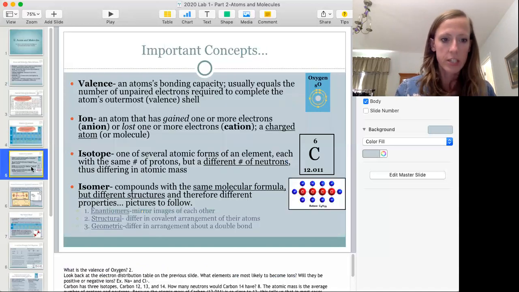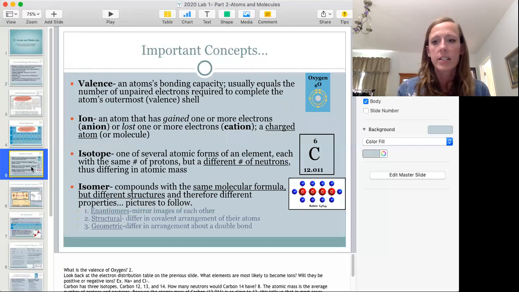Okay, so let's move on to our next slide and discuss a few more important concepts. I want to put a name to the concept that we just talked about. So valence. Valence is an atom's bonding capacity, and it usually equals the number of unpaired electrons that are required to complete the valence shell.